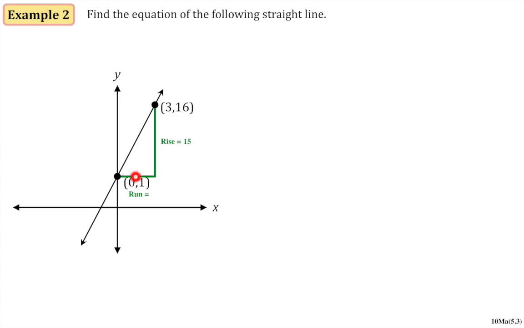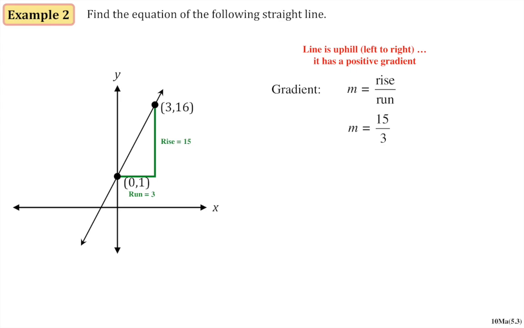This point here is across 3 and up 16. So if you're at 0 here, you go across 3, your run is 3. The gradient's the rise over the run, which is 15 over 3, and it's positive because it's going uphill, so the gradient's 5.